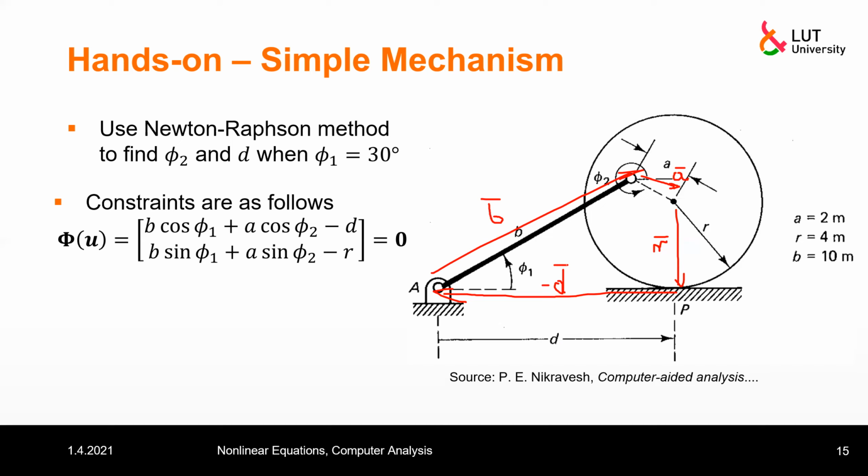It's always equal to 0, because of the geometry of this mechanism. It's always valid when the circle is in contact with the ground. The sum of all those vectors is equal to 0, and that equation for those four vectors is written here.